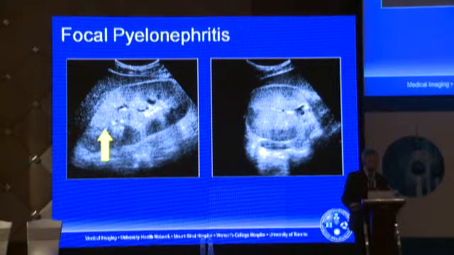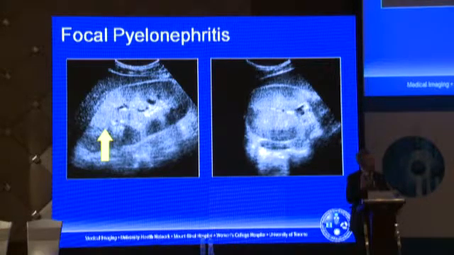And here's a nice example where I think you'll agree, if we follow this renal cortex, this area here is more echogenic than this area here. So in a patient with fever and a high white cell count, it's very reasonable to suggest that there may be focal pyelo. The differential diagnosis would be a renal infarct.